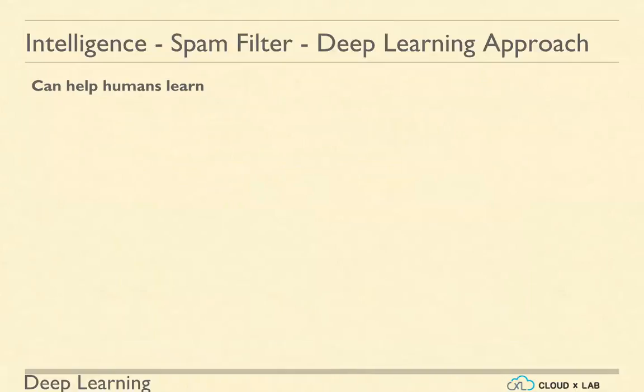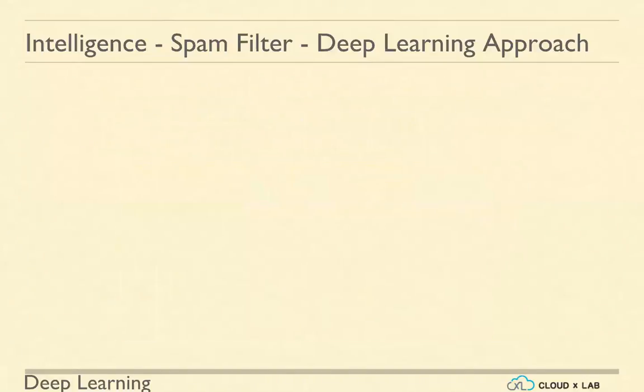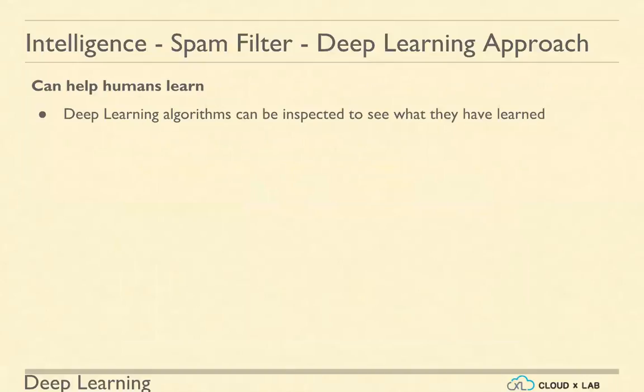Okay. So a question is, other than coming up with this approach, other than coming up with the solutions, what else can machine learning or deep learning approach teach us? It can help us learn, so we can inspect the algorithms, what they have learned.